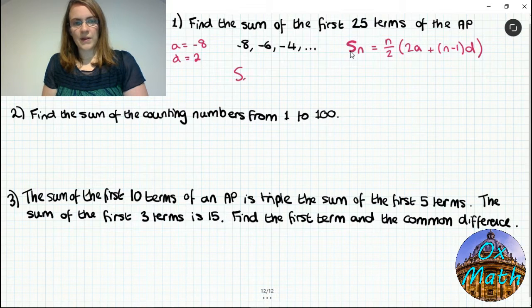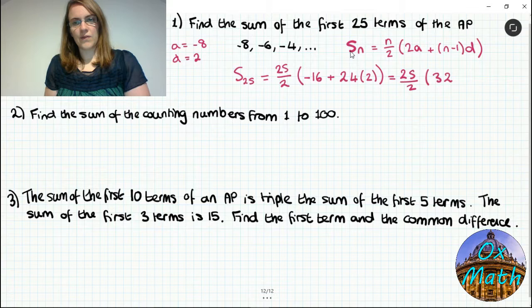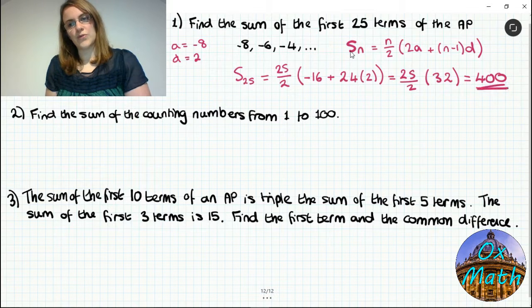So the sum of my first 25 terms is equal to 25 over 2, lots of 2 times minus 8, which is minus 16, plus (n minus 1) is 24, so 24 lots of 2. So that's equal to 25 over 2 lots of minus 16 plus 48, so 25 over 2 lots of 32, so 16 times 25 is 400.